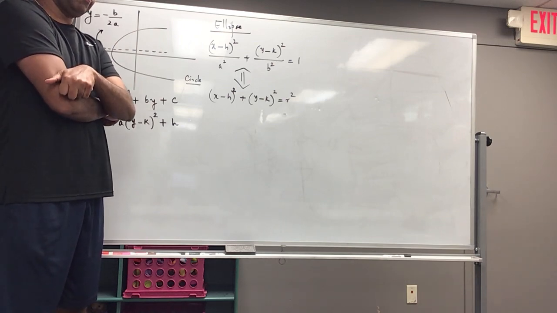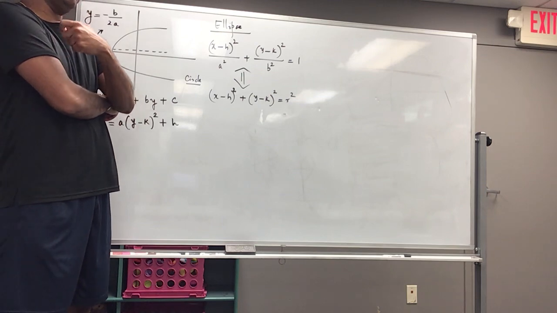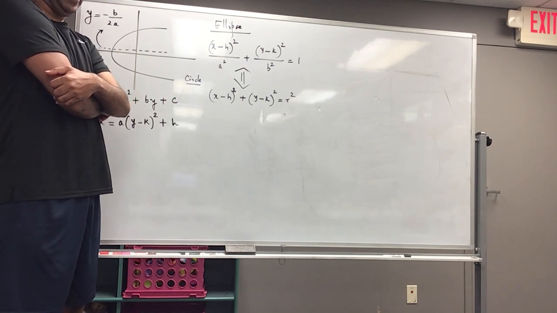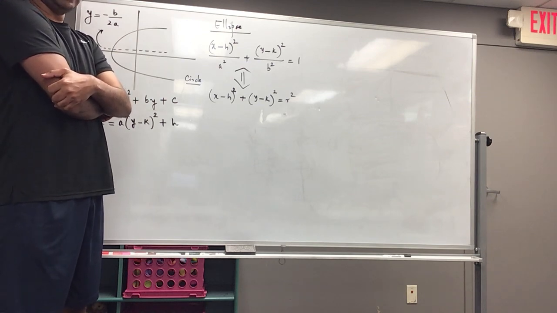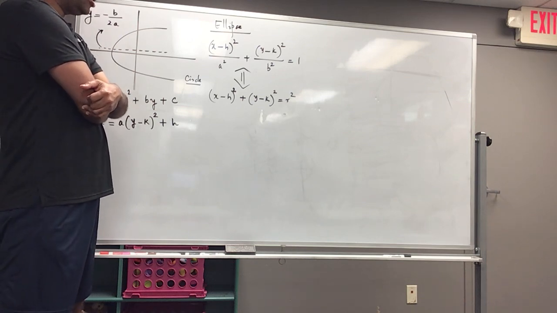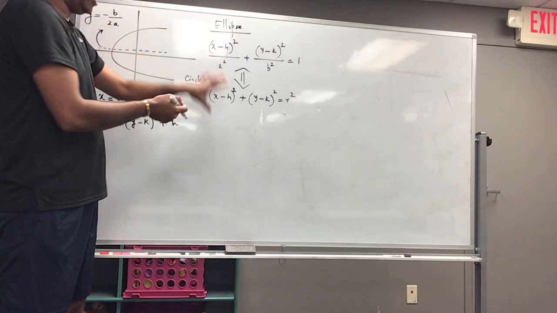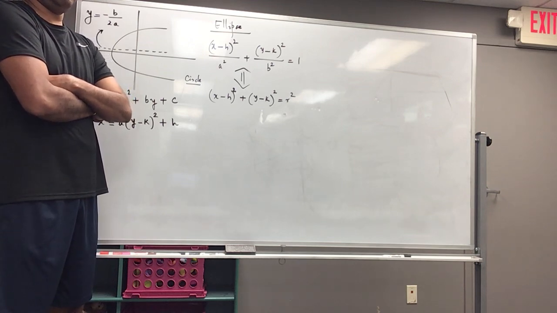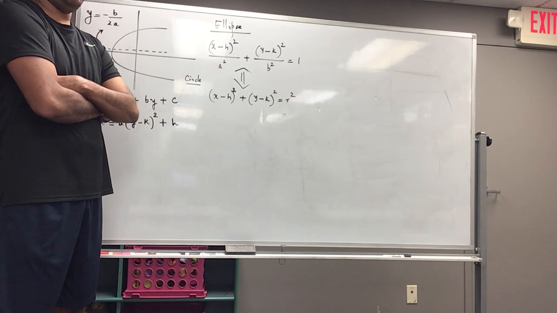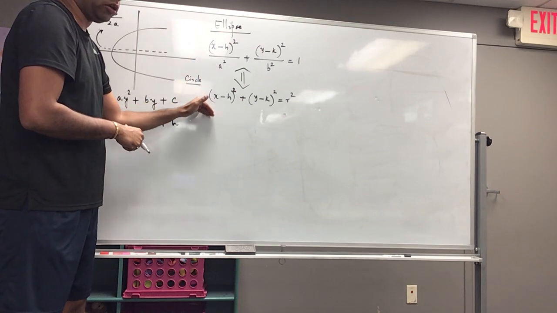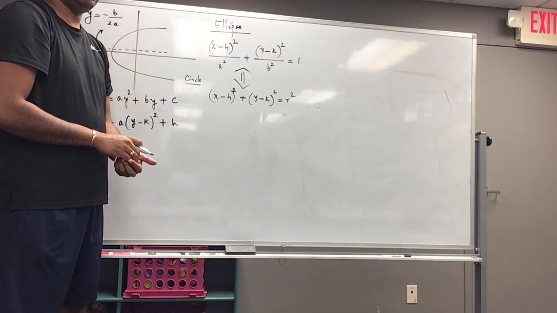It's equal to 1. Can somebody explain to me a little mathematical way between these two? Are they pretty close looking? So what do I need to do to an ellipse equation to get to a circle equation?